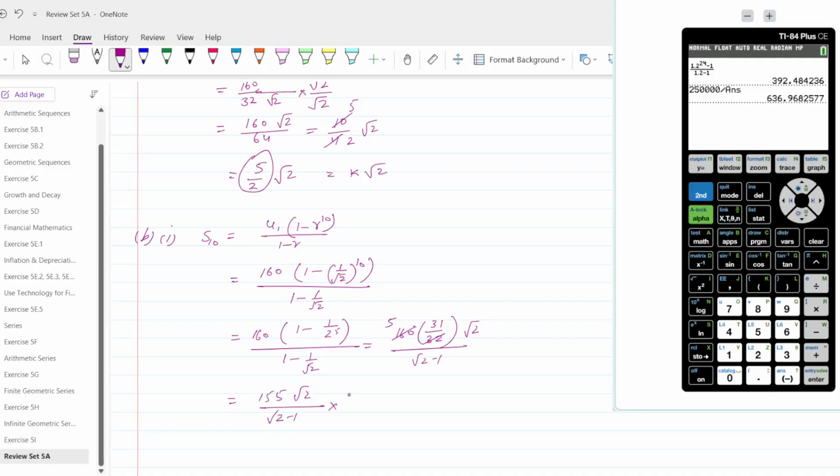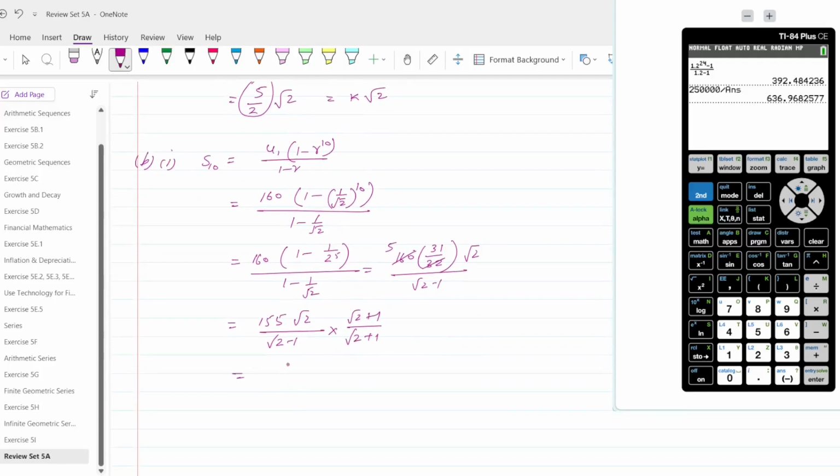Now if we rationalize, we get root 2 plus 1 in the numerator and denominator, and this becomes 155 root 2 times root 2 plus 1 divided by a minus b times a plus b, which is a square minus b square, that is root 2 square minus 1 square. Root 2 square is 2, 1 square is 1.